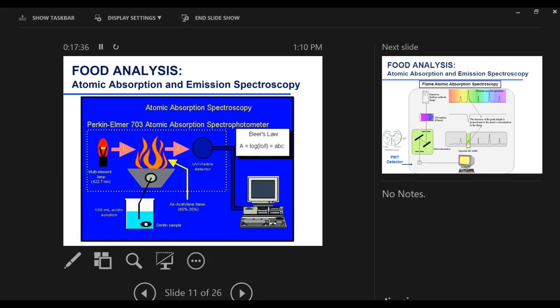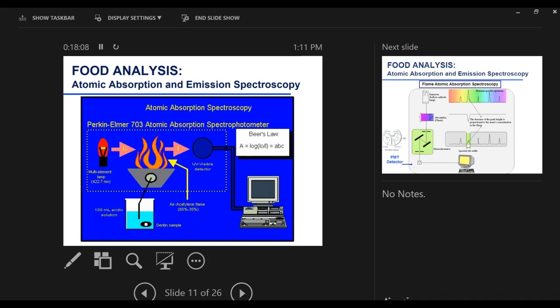So basically, you have now your sample. Here's your tube inserted in your sample. It gets aspirated into the nebulizer and gets into a mist. Here's your flame. Here's the source of light or energy, your lamp with the appropriate cathode, so the incident beam. This is your sample holder, so that's your cuvette. It is your flame compartment or sample compartment.